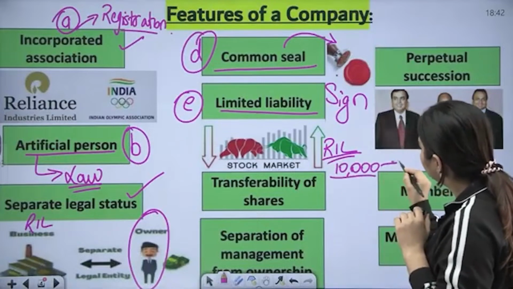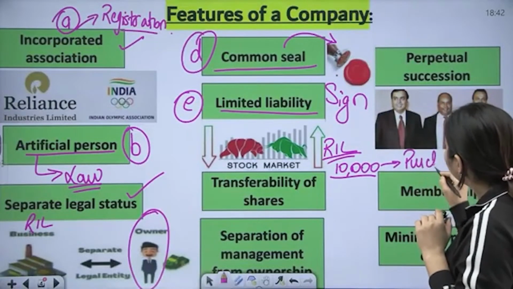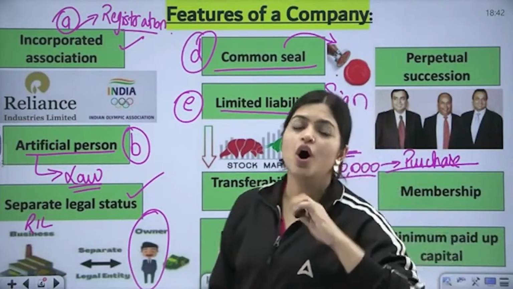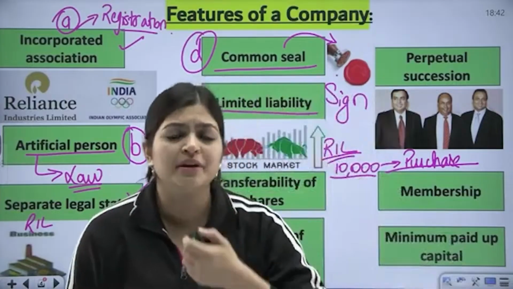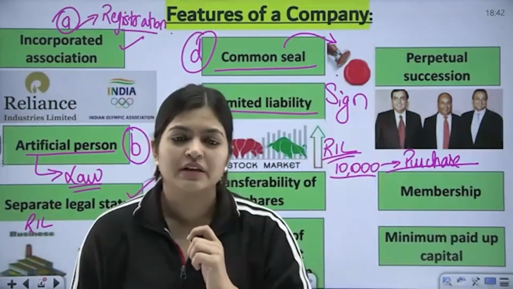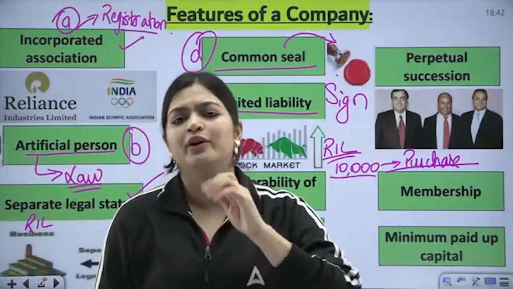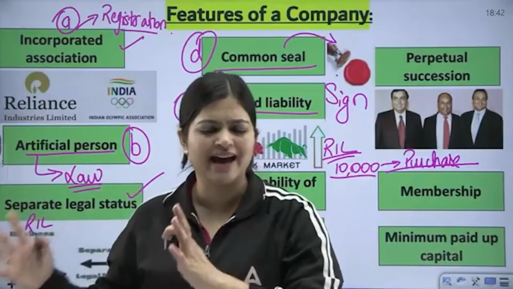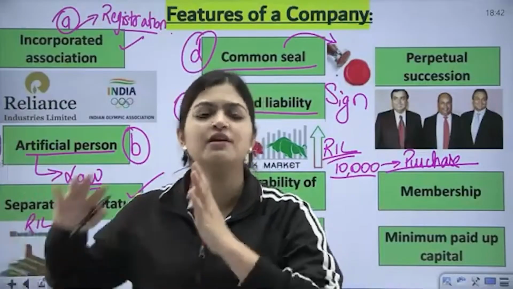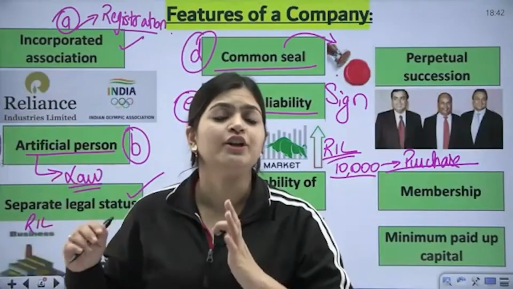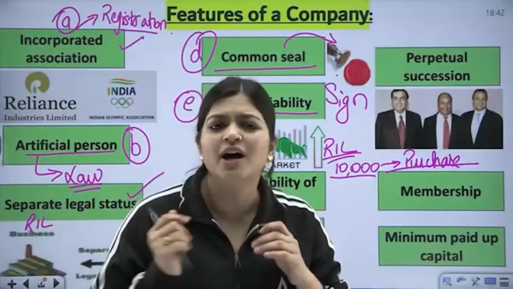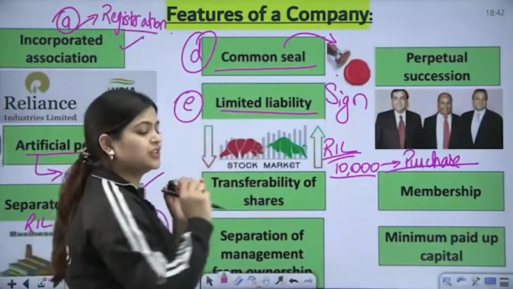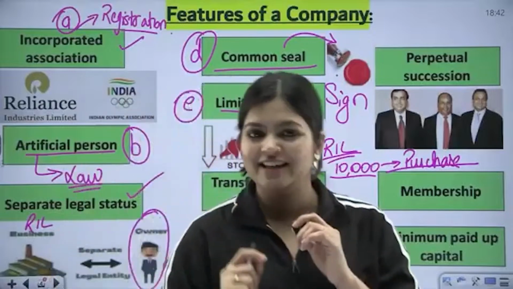Now tell me, if the market goes down or if tomorrow Reliance becomes bankrupt, what amount are you going to lose? 10,000, or your full assets and wealth, whatever you have made till now? Of course, just 10,000. Because of again this feature, that is limited liability.